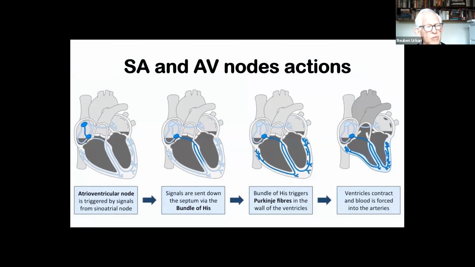This triggers the signal, and it goes in through there. The next one, the signal goes down. It's called the bundle of His. I won't worry about that. And then these other fibers, which I mentioned, I didn't want to give you too many names. They're called the Purkinje fibers, all firing simultaneously, and then this contracts.